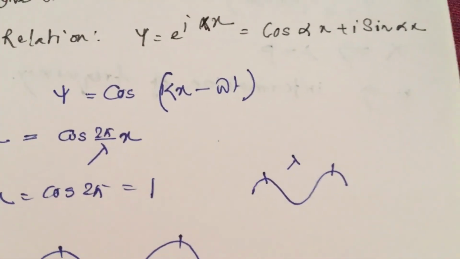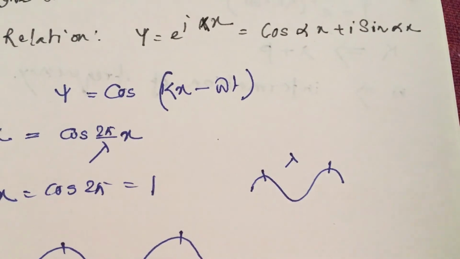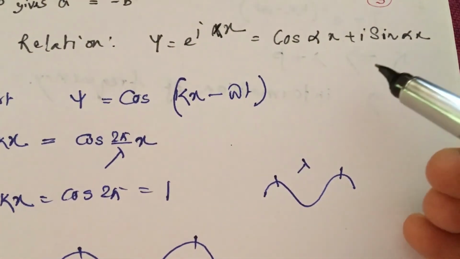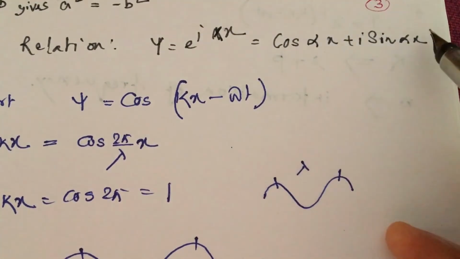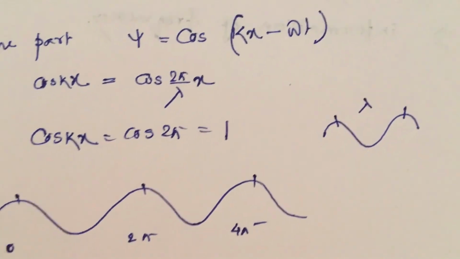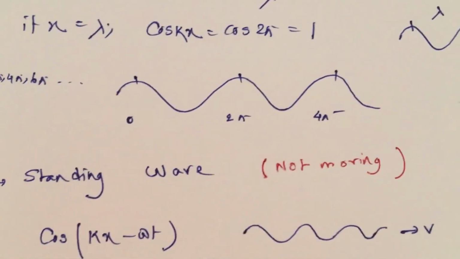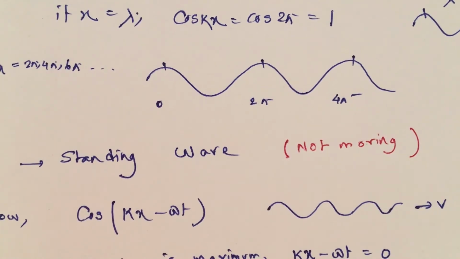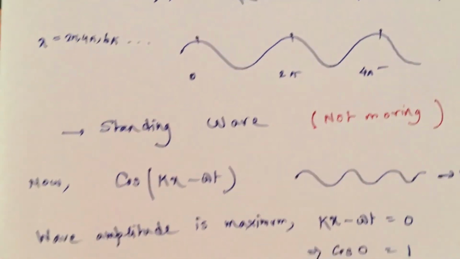Let me tell you one thing: this is for a simple amplitude, amplitude 1. But if I want higher amplitude, then I have to multiply the whole thing with the amplitude A. And this is a standing wave. This is not moving anywhere.